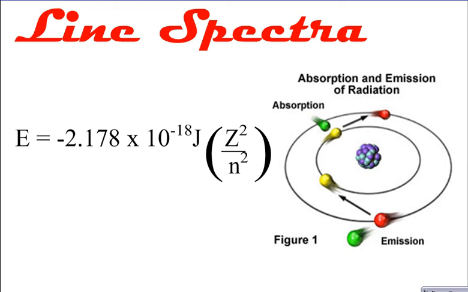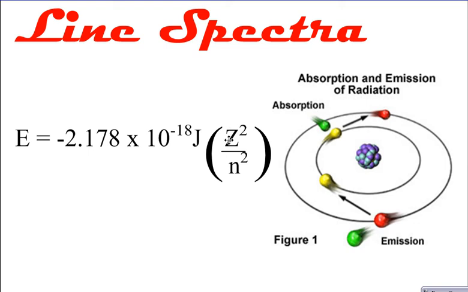Now Bohr was able to determine a calculation for the amount of energy needed in order to go up or down an energy level. And don't worry about trying to memorize this. It's on a formula sheet, so you'll never see this in a multiple choice question. But the energy equals negative 2.178 times 10 to the negative 18 joules times Z squared, where Z represents the nuclear charge, divided by n squared, the energy level squared.